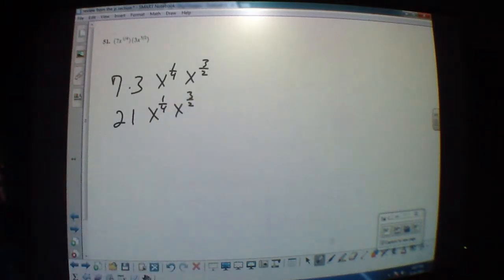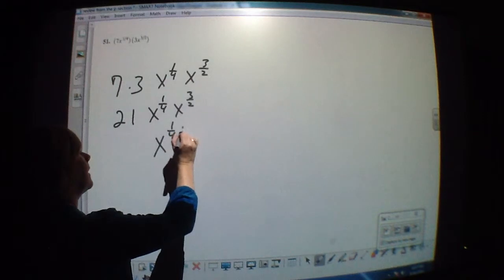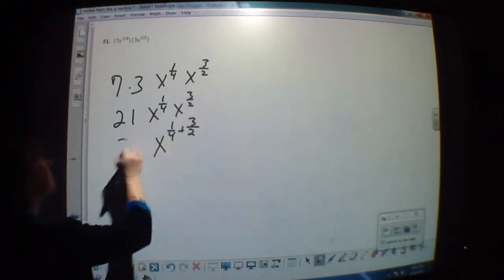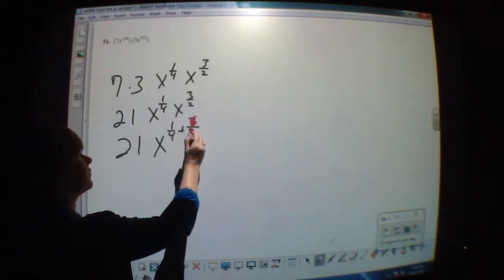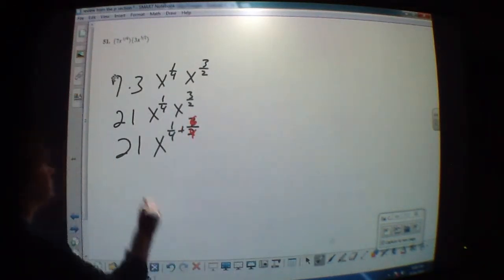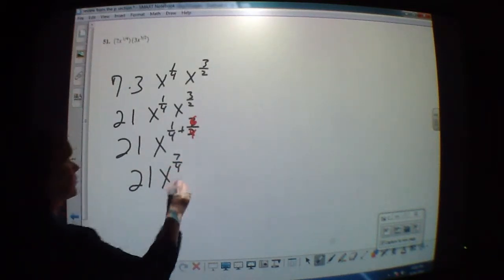I add the exponents. So this will be x to the 1/4 plus 3 halves. You need a common denominator, so this is 6/4. So the answer ends up to be 21x to the 7/4.